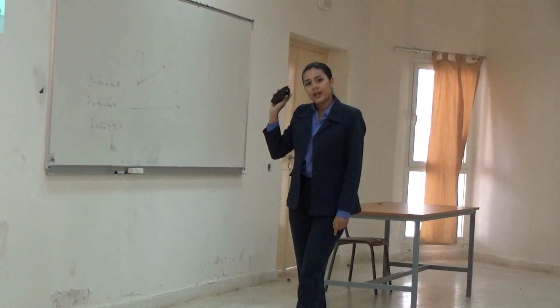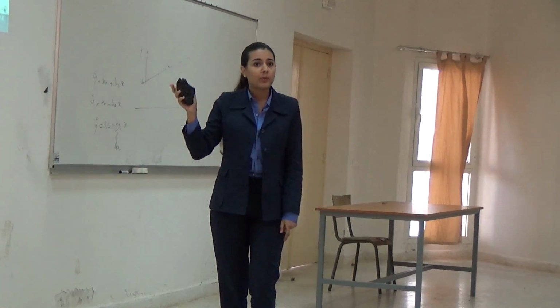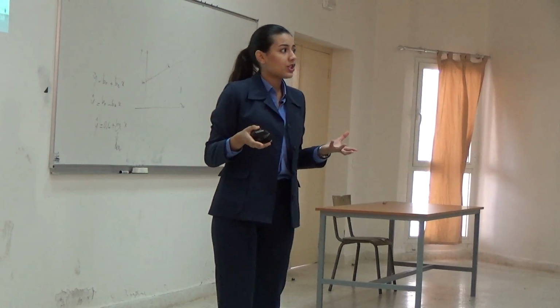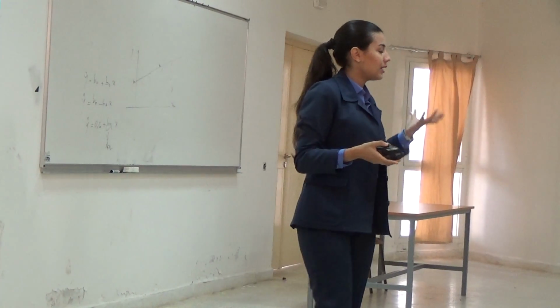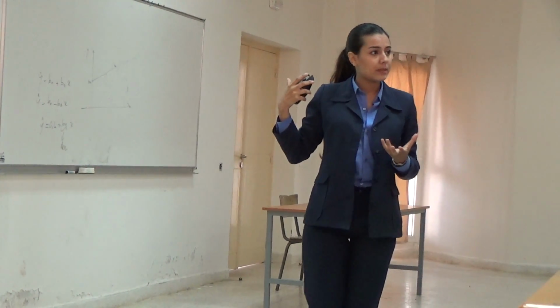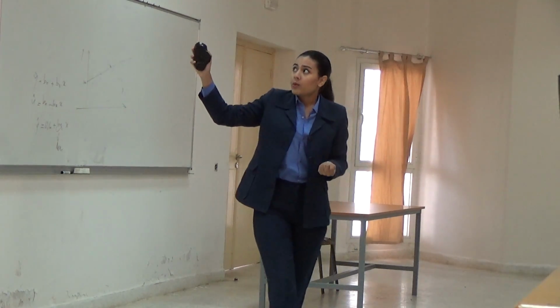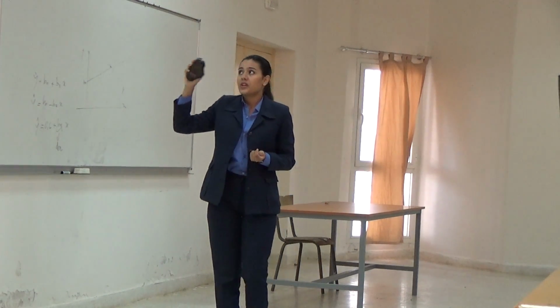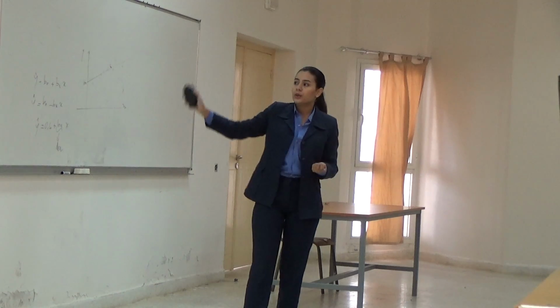Another big difference between linear regression and logistic regression is that in linear regression we use the least squares method. In logistic regression we can't use this method, but there's something called maximum likelihood.